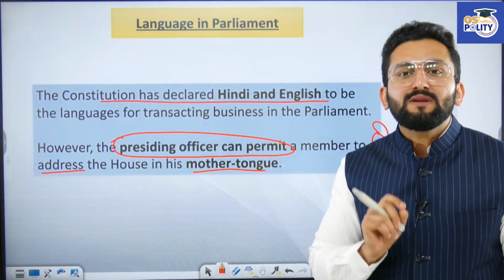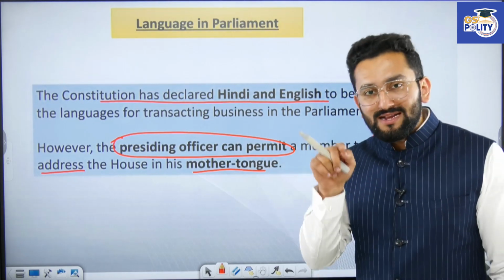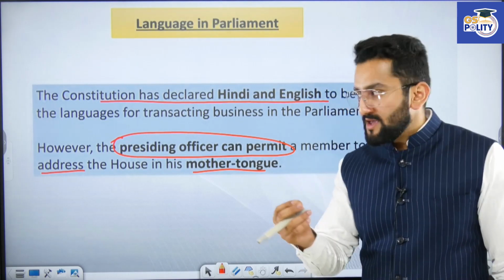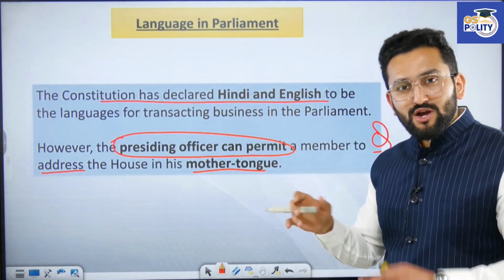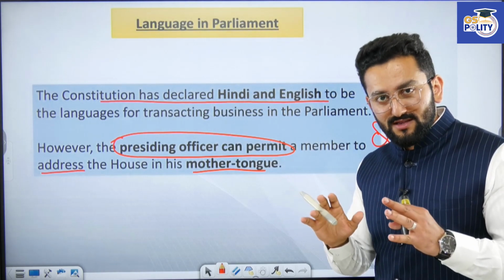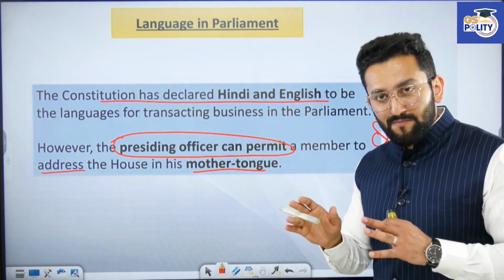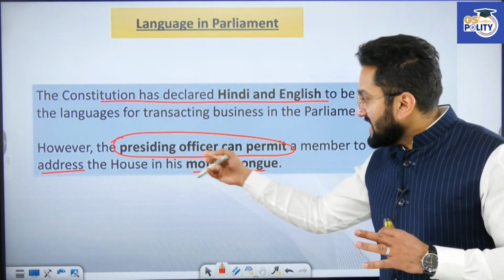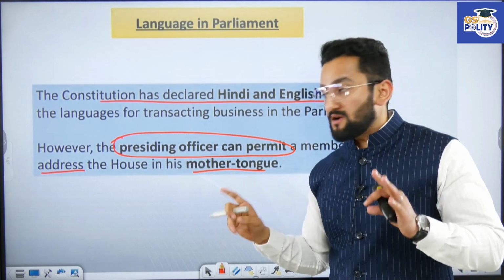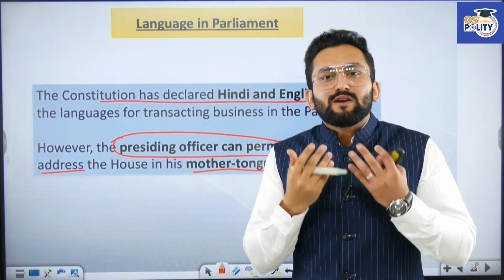Now you have to tell me the answer to this question in comments. Officially, Hindi and English are the languages to conduct the proceedings and all the bills, right? I told you the presiding officer can permit a member to address the House in mother tongue. The word is address, meaning you can speak.